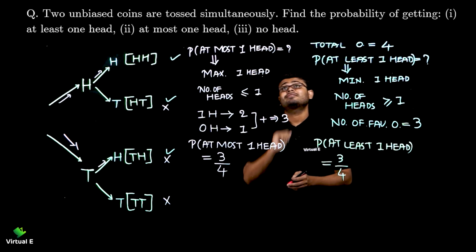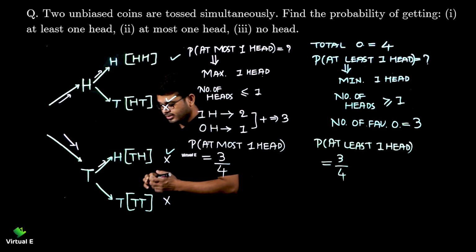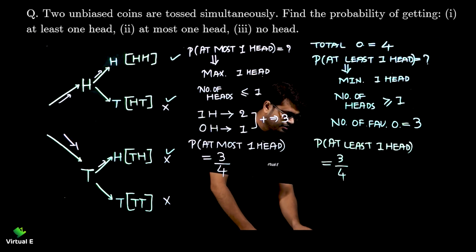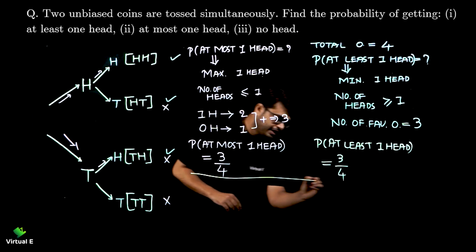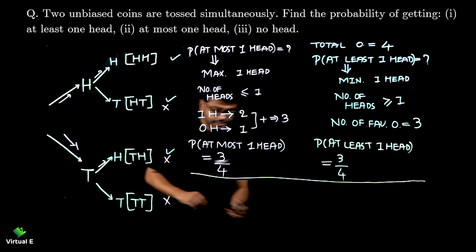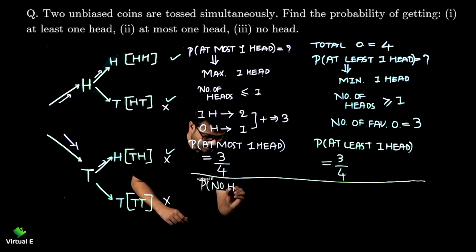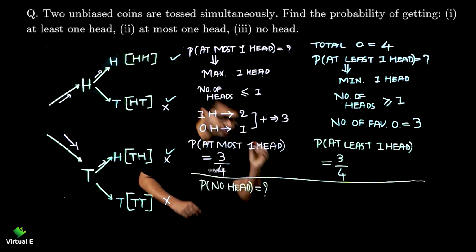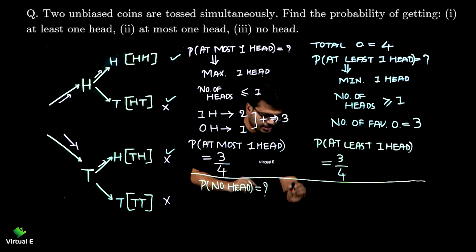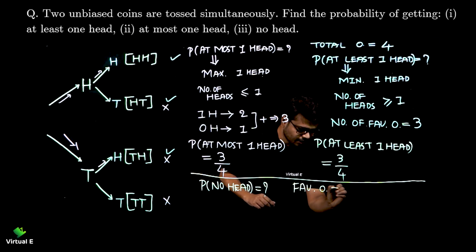Okay, let's get to no head, meaning you don't have any kind of head at all. Then what will be the outcome? Interesting one. Let's do that as well. We want to find the probability of getting no head. So let's write probability of no head, question mark. First of all, let's talk about the favorable outcomes.